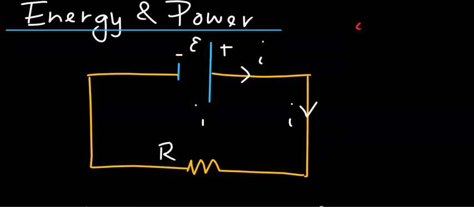We know that current is associated with the flow of positive charge. Let's call the positive charge in this case plus Q. Let's assume that plus Q starts its journey here. So that is plus Q. And it goes through the battery from the negative terminal to the positive terminal.